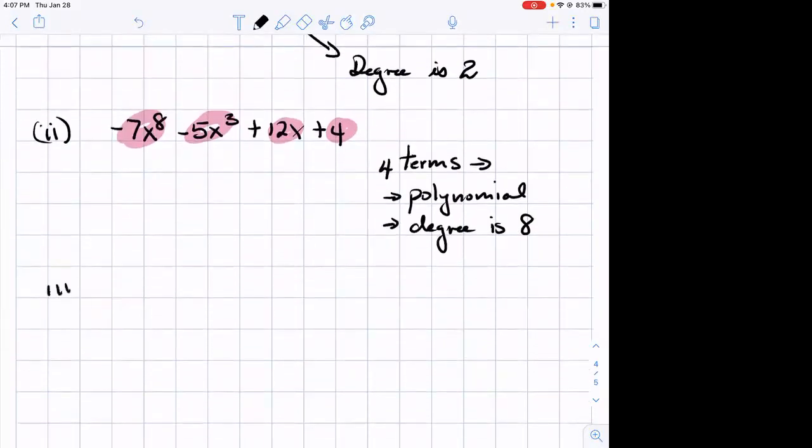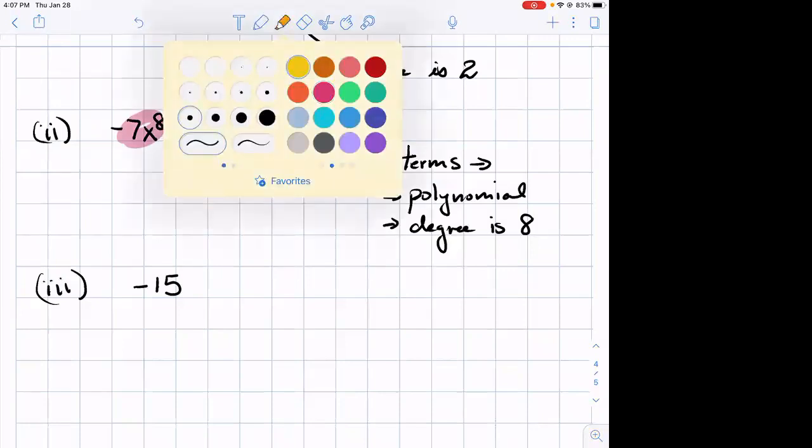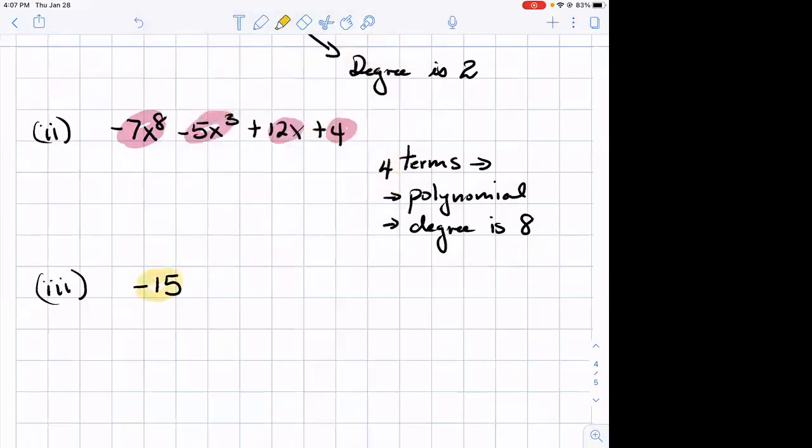Another example, how about if we have minus 15? Well, in this scenario, we only have 1 term. That's it. And if it's 1 term, it is a monomial.